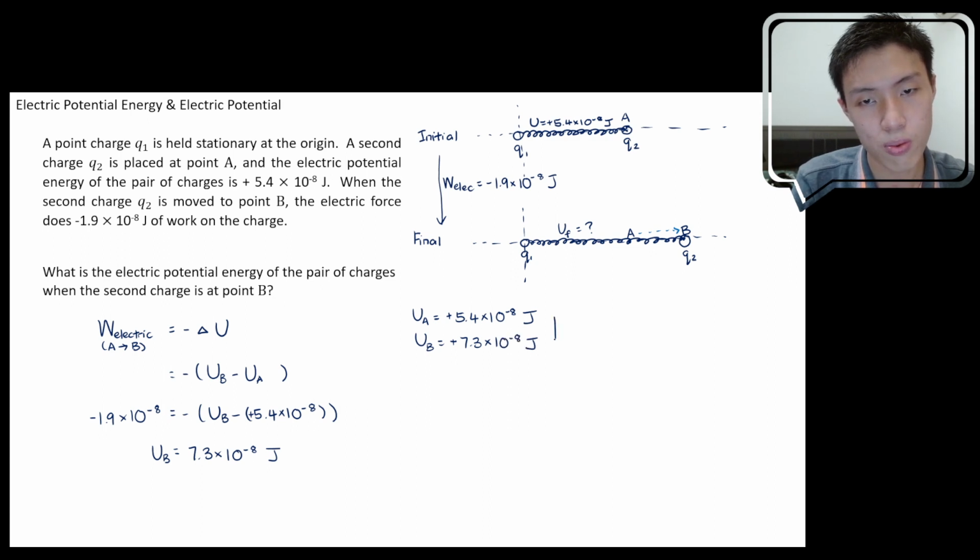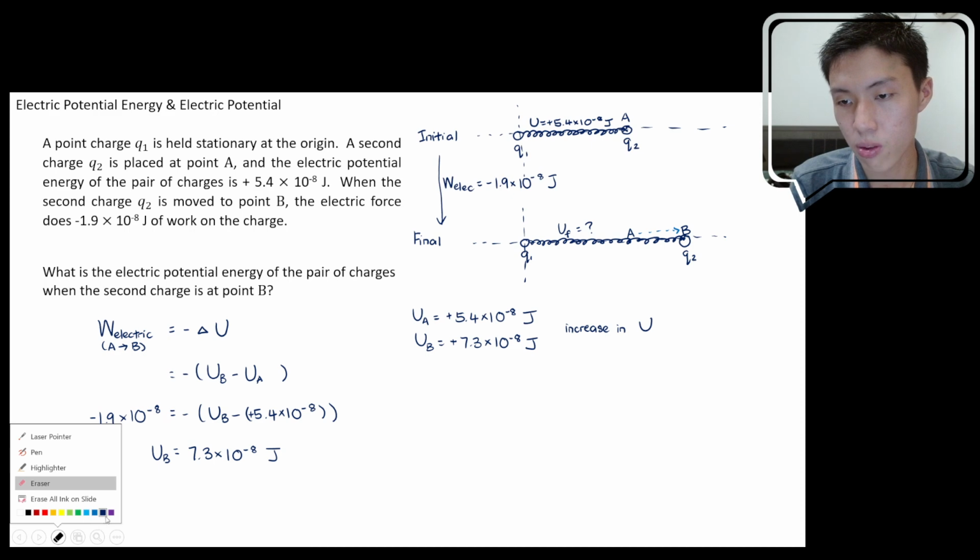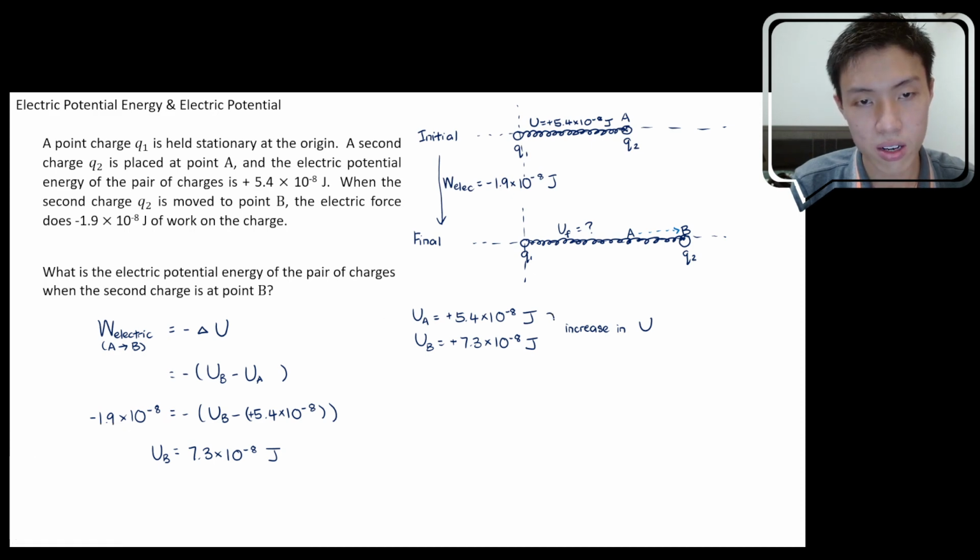So you can see that this process going from A to B involves an increase in U.